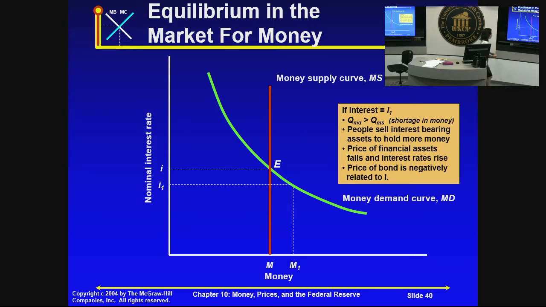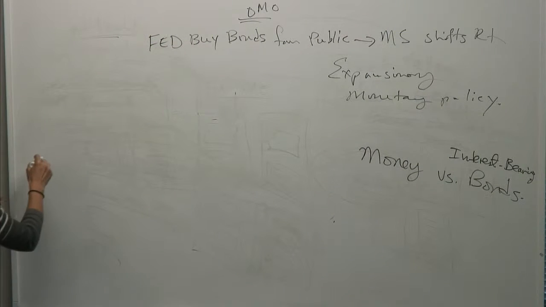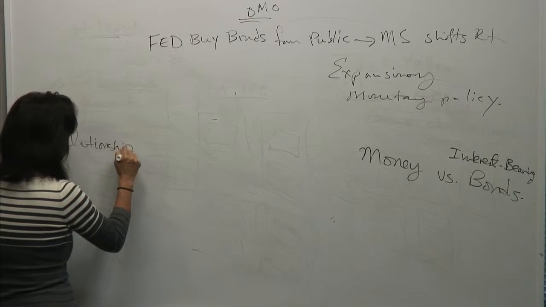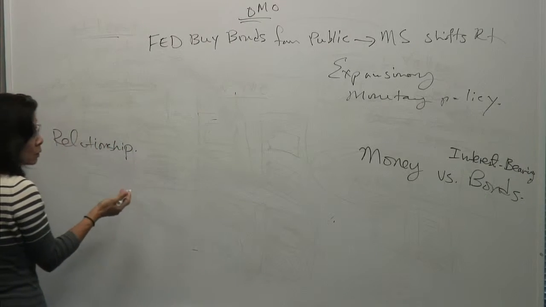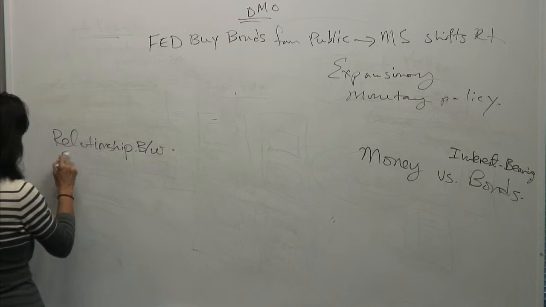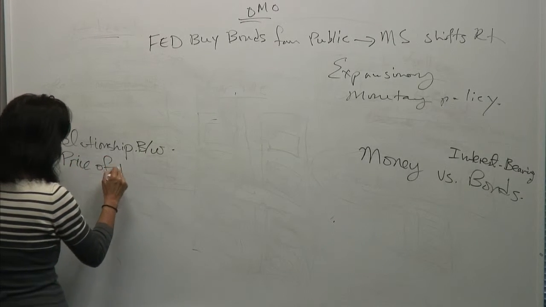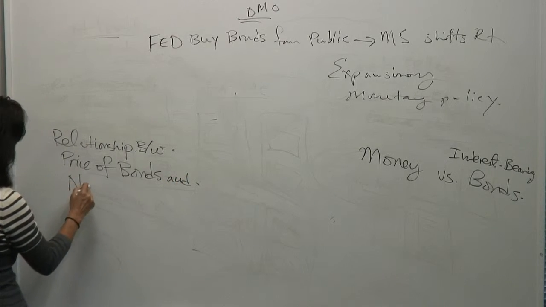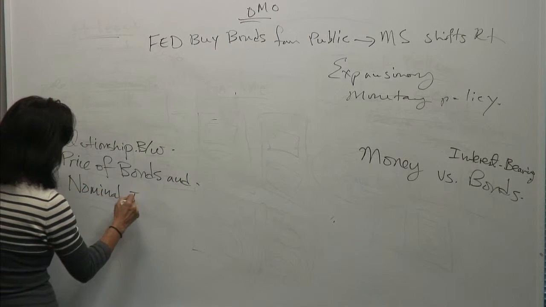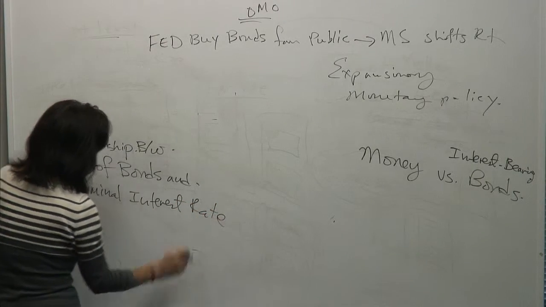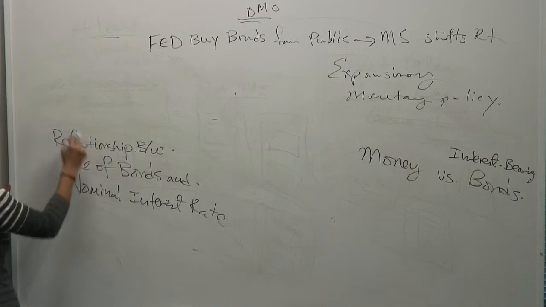Very good. So let's write this down. This is a relationship. I think we skipped this concept earlier, so I'm just going to give it to you. Write it down, please: the relationship between the price of bonds and the nominal interest rate. What kind of relationship do they have?